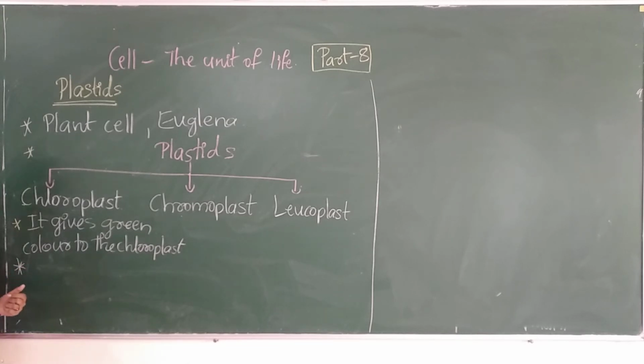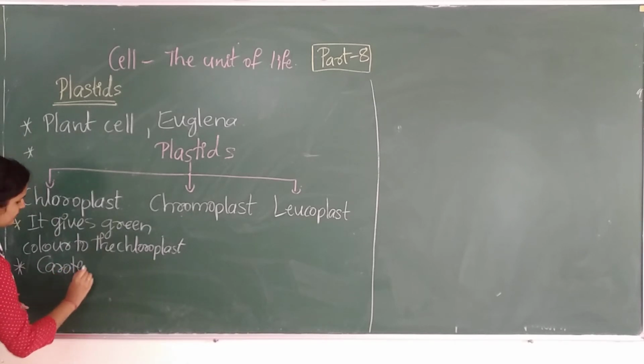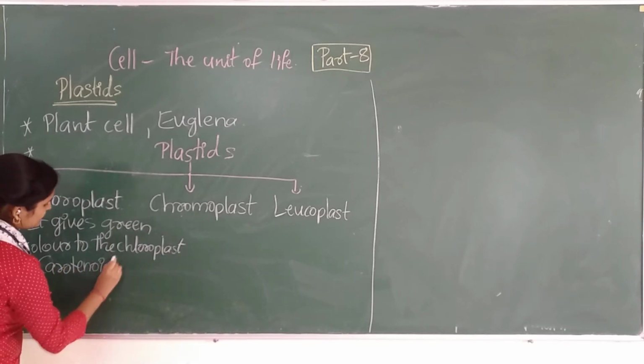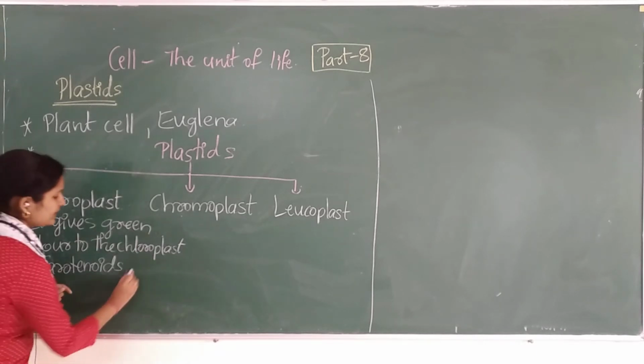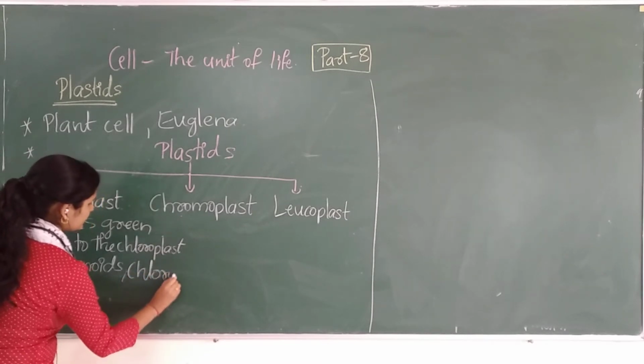So these are the carotenoids which are present in the plant cell, and also the chlorophyll pigment is present.